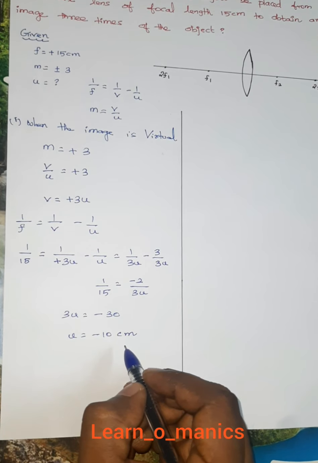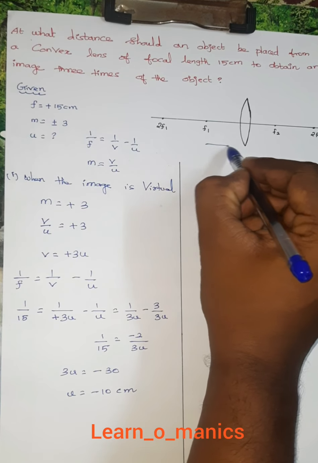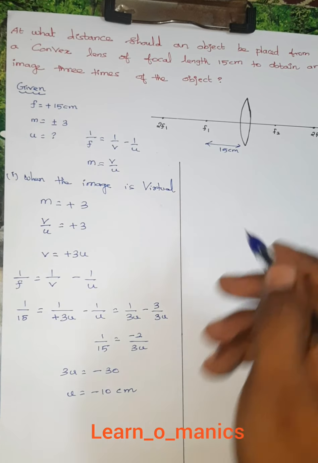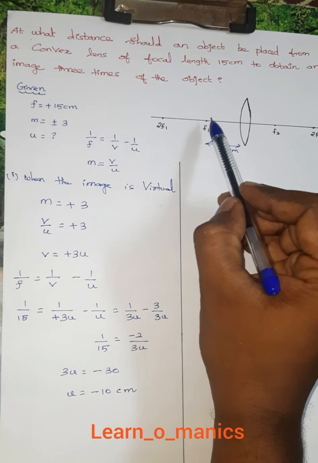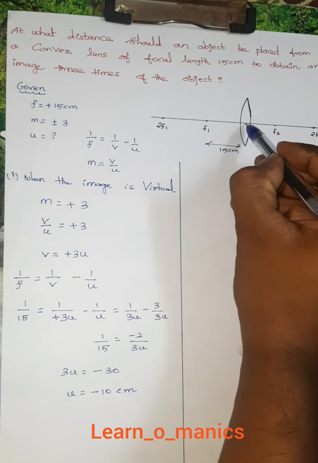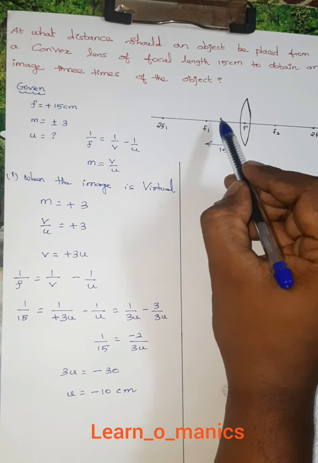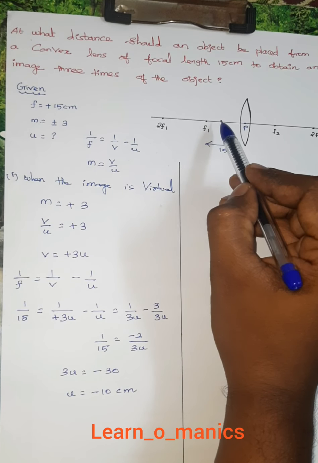So let us check as per the criteria. The focal length given is 15 centimeter, right. We all know that in a convex lens, a virtual image forms when I keep an object between the focus f and the pole point, the center point of the lens. So when I keep an object between the focus and the pole point, the image formed will be virtual and erect.